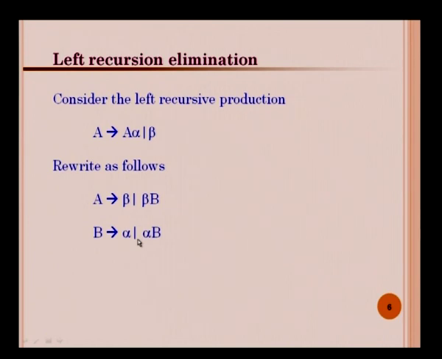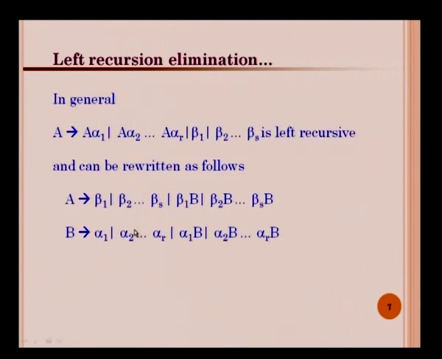So this is a solution for rewriting the left recursive productions with no left recursion, and this could be expanded for larger productions also. So to say in general, when we have a production of the form A derives A alpha 1, A alpha 2, etc. up to A alpha r, that is we have r number of left recursive rules, and in all these rules we find A in the beginning.